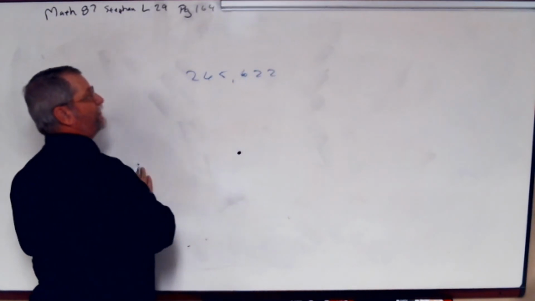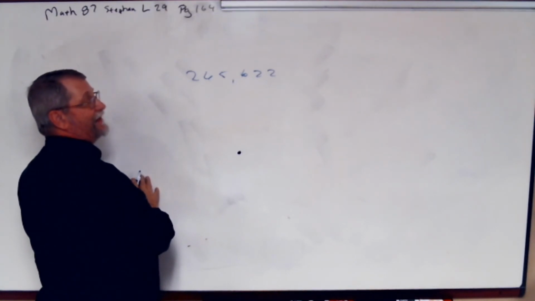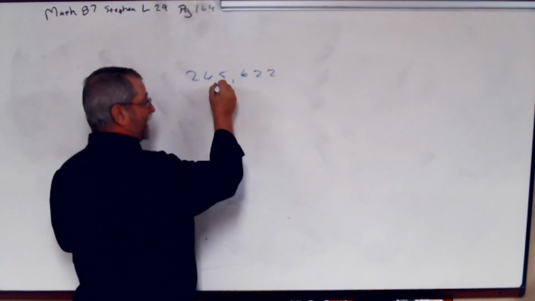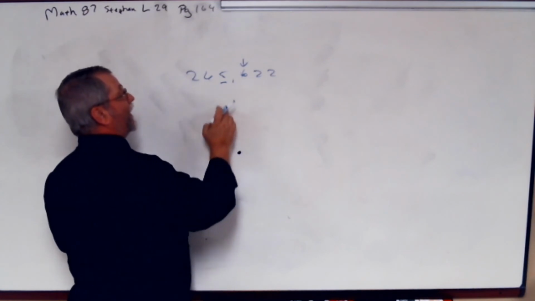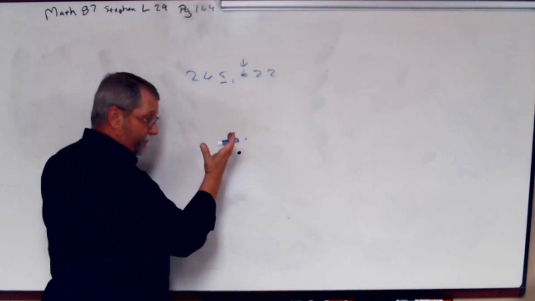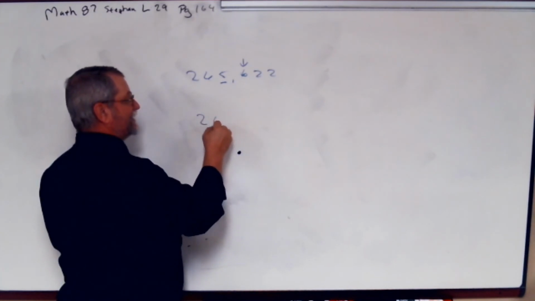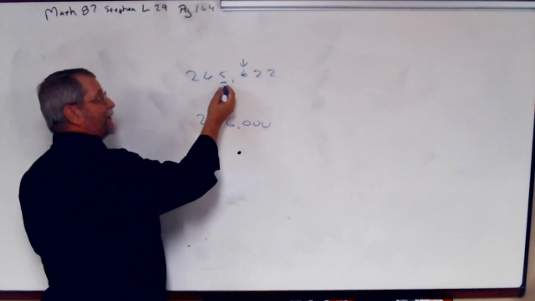This is 265,622. Round it off to the nearest 1,000. Well, where is the thousands place? It's right there. What's behind it? A 6. What happened to that 5? Goes up, becomes a 6. So my new number is 266,000. Make sure you find the right place.